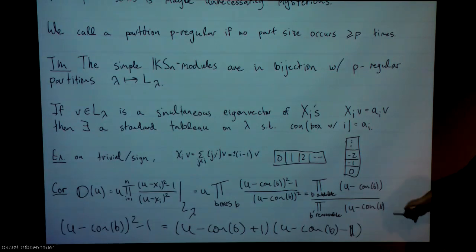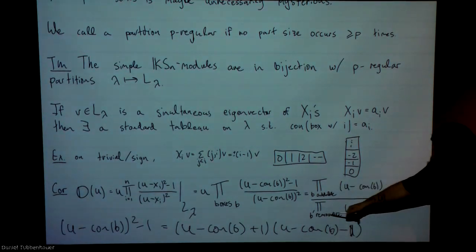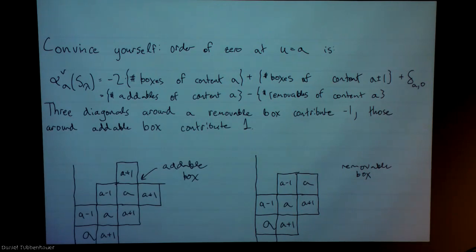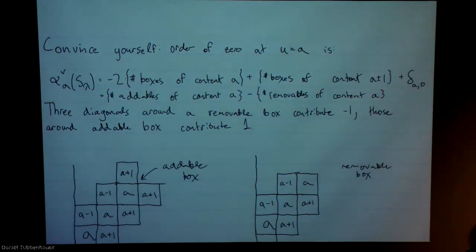And I claim that this ends up simplifying to take the product over addable boxes in the numerator, take the product over removable boxes in the denominator. Okay, so what is kind of clear from that formula I had is the order of 0 at lambda.